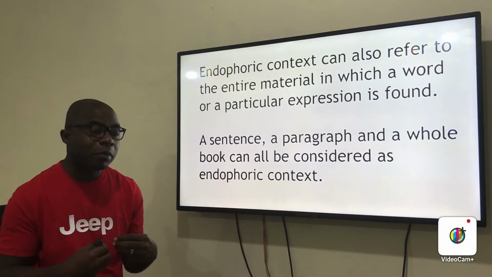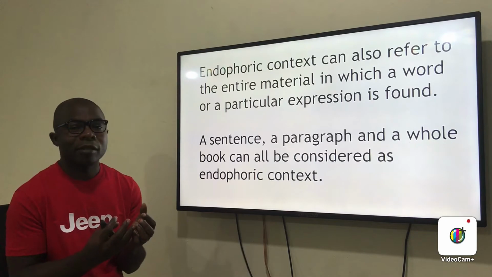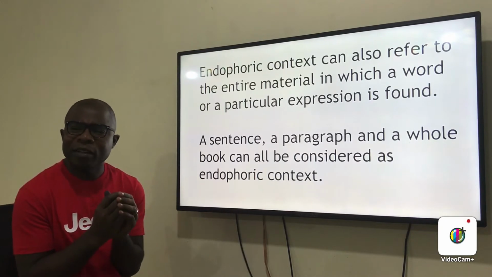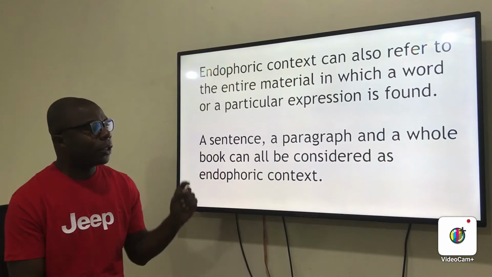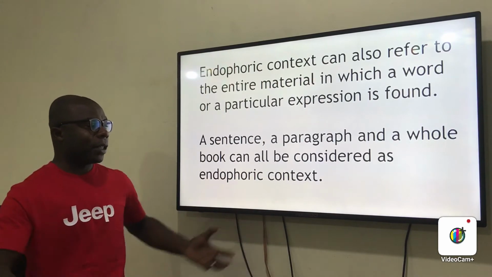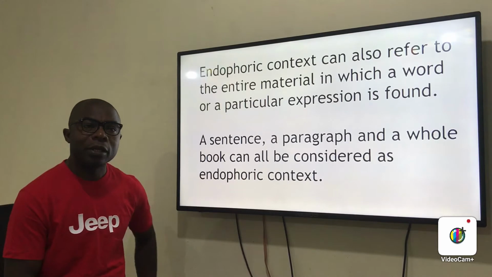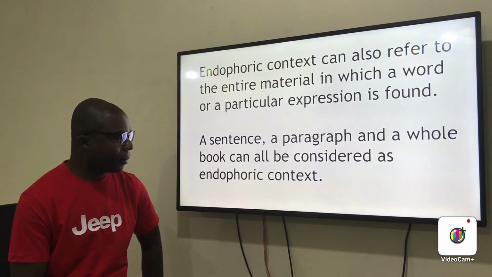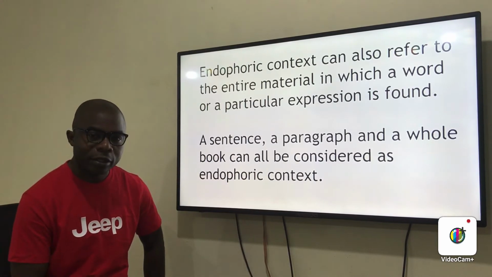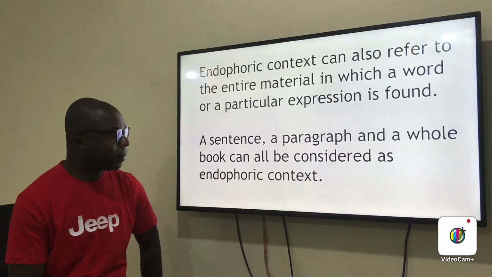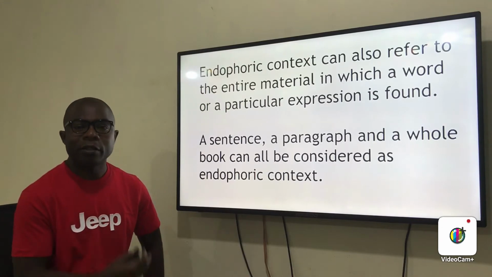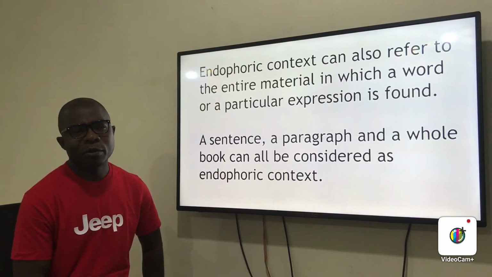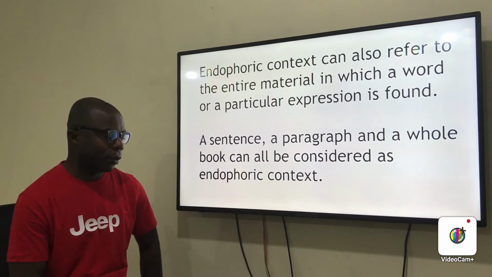But it is possible for context to help us at least have a solid guess of what a word means. So endophoric context can help us to understand what a word means. We're going to see how writers or speakers sometimes can help us endophorically to be able to guess the meaning of a word.